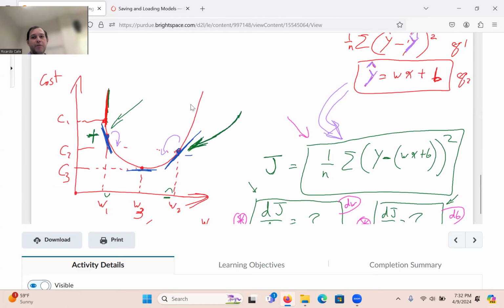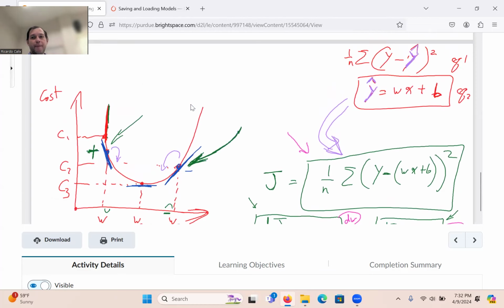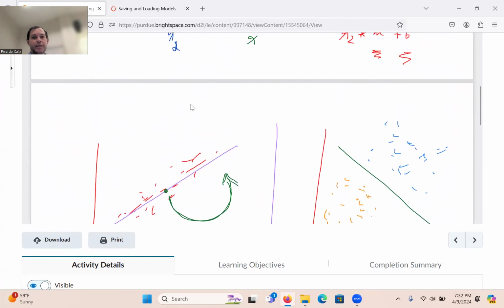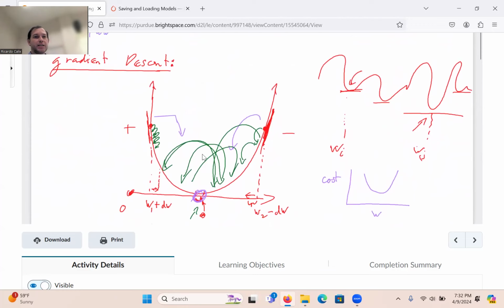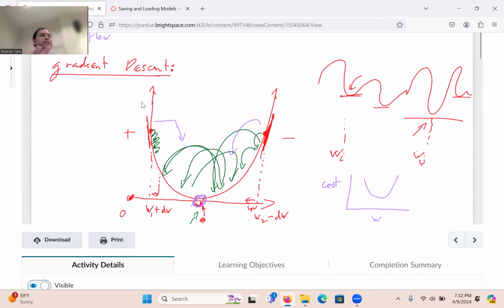All right, so let me look at these slides. I think we finished this one. I did that. This one is the same idea. Gradient descent is the algorithm. You can see it's the quadratic. It's just another example. Notice that I'm writing out W1 plus delta W or W2 minus delta W, given the sign that you obtain when taking the derivative.